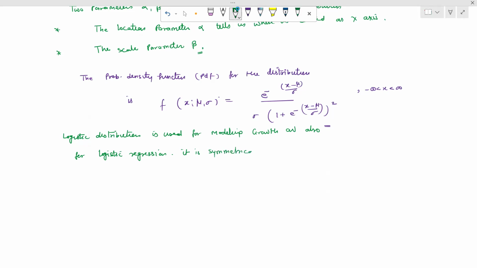This is a symmetrical distribution. Also, we can say that this is unimodal. Unimodal means having only one peak.